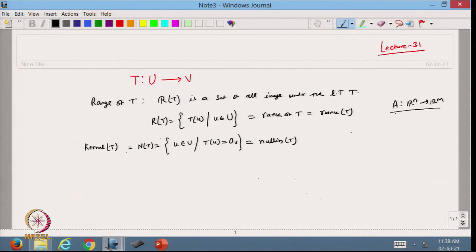In that case we defined the rank of the matrix and the nullity of the corresponding matrix. In the same way we can define the rank of T and the nullity of T.